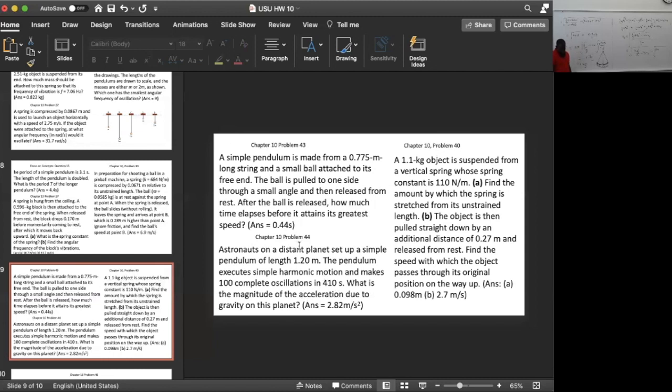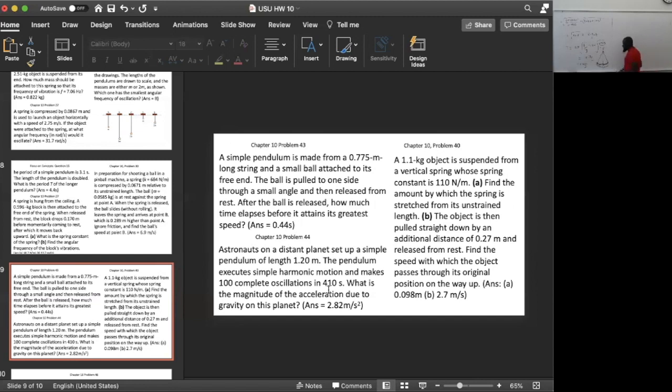So we have the length of the pendulum, and we can get the period. The period is 410 divided by 100, that's 4.1 seconds. So let's get g on that planet. The period is the total time over the number of oscillations.